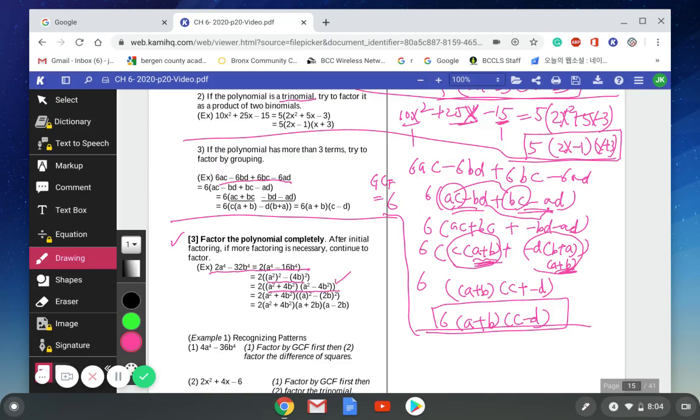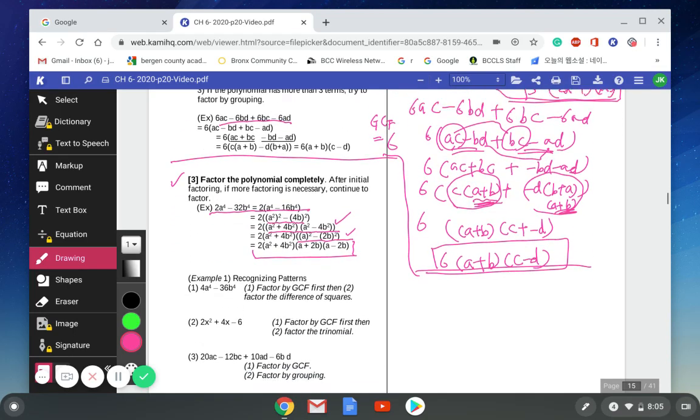But this, you can factor again into a special polynomial. So your final answer becomes 2 times a squared plus 4b squared with a plus 2b and a minus 2b. So you don't stop here. You continue if you can factor completely.